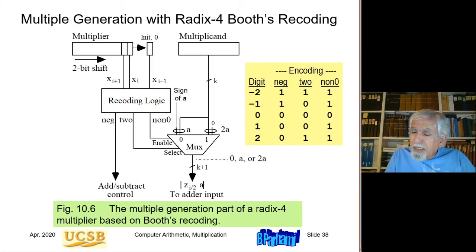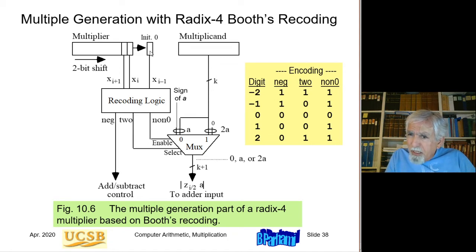So this is basically an implementation of that radix 4 recoding logic. The recoding logic looks at 2 bits of the multiplier, the 2 current bits that we are processing, plus the previous bit that we keep here. So as we right shift the multiplier by 2 bits, the next 2 bits to be processed appear here.